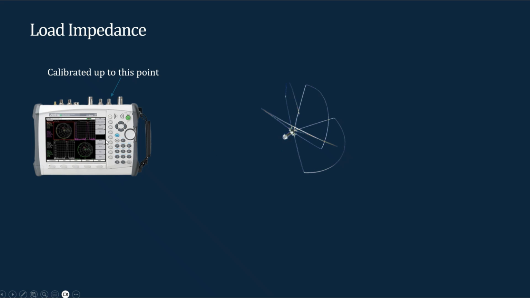So I have a network analyzer and this network analyzer is calibrated up to this point. If I connect this antenna to the network analyzer, I can easily find out the impedance from the Smith chart. But my problem is this connector and this network port connector are not compatible.